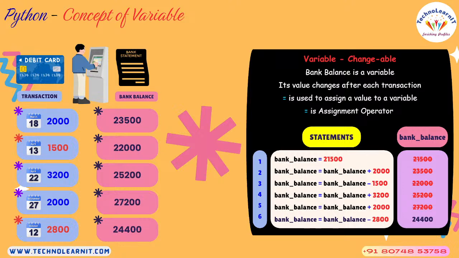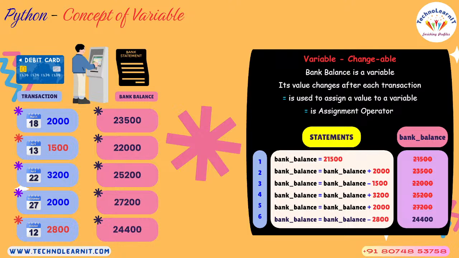So as an analogy to our real-time operations here, the bank balance is a variable in which you have stored 21,500 initially. Now, since you are going to credit 2,000 rupees to that, you should first consider the current bank balance, which is 21,500, and you need to add 2,000 to that.